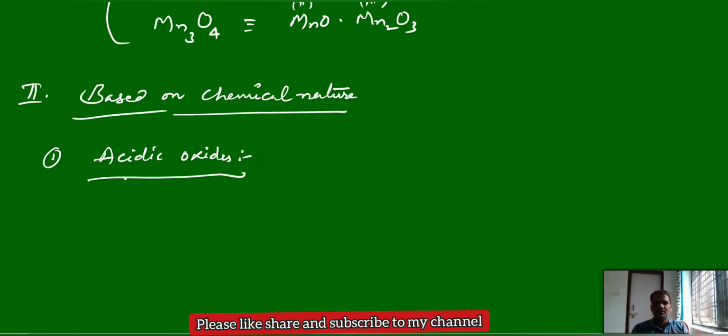So which are acidic oxides? When dissolved in water, they form oxy acids, and this type of oxide is called acidic oxide. Generally, when oxygen combines with a non-metal, mostly it can form acidic oxides. So acidic oxide, when combined with water, can form oxy acid.